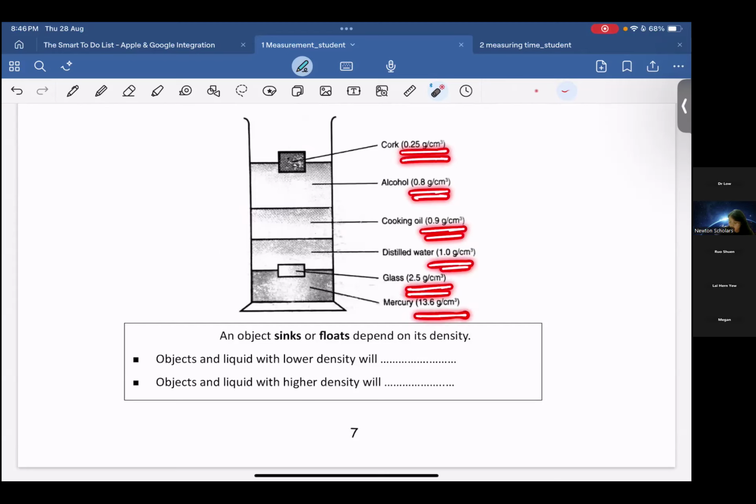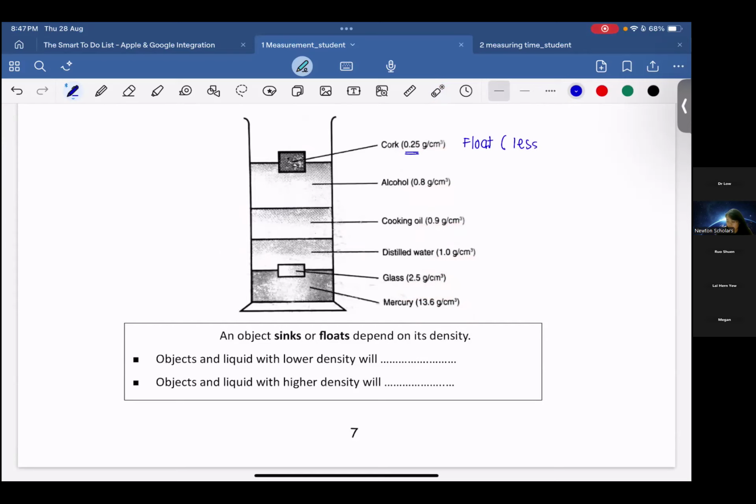From all these readings, we will find out that if they float on the surface, at the top, their floating is because their density is low. So we say that they are less dense. If less dense, then they will float.